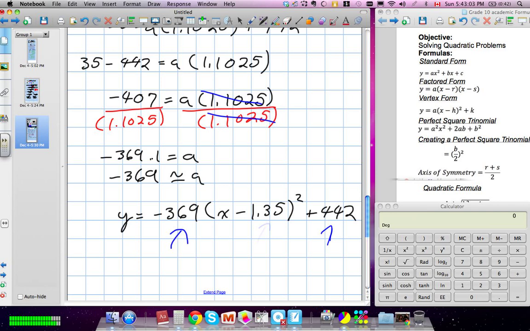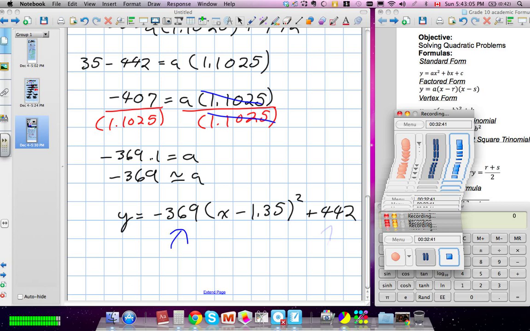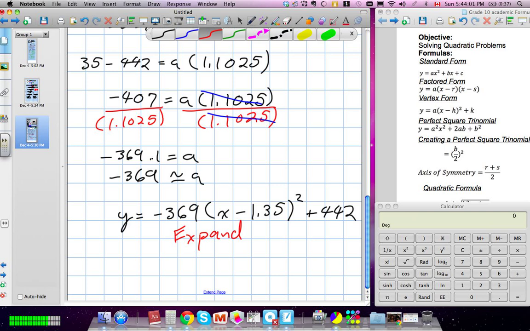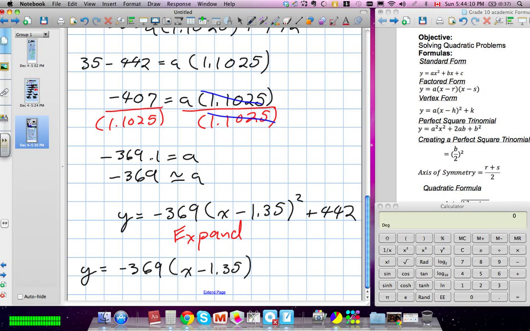Okay. So they wanted it in standard form, it turns out. So that means we got to expand this. Always remember that to go from vertex to standard, we can expand. So we'll get y is equal to, we're going to stick to our numbers, negative 369 times x minus 1.35 times x minus 1.35. Remember, it's squared, so it's essentially we're going to be foiling the number by itself.